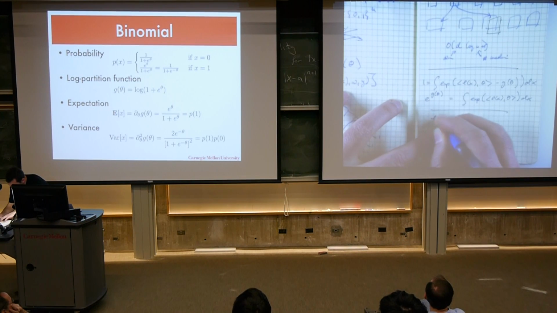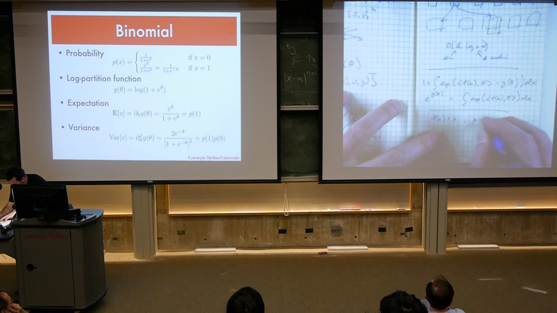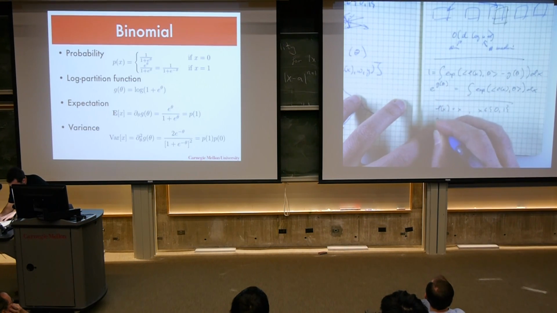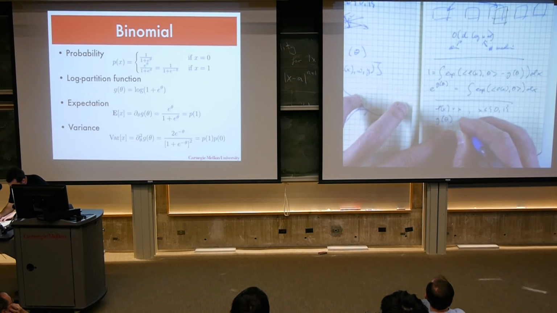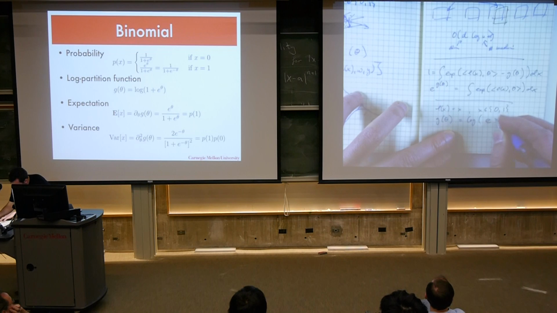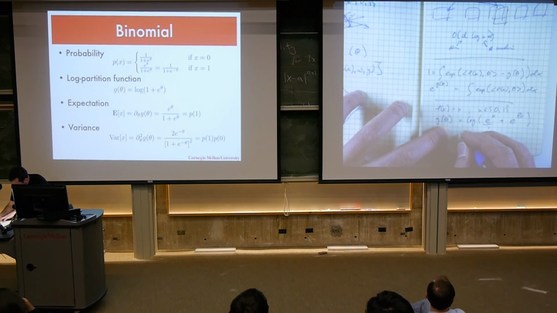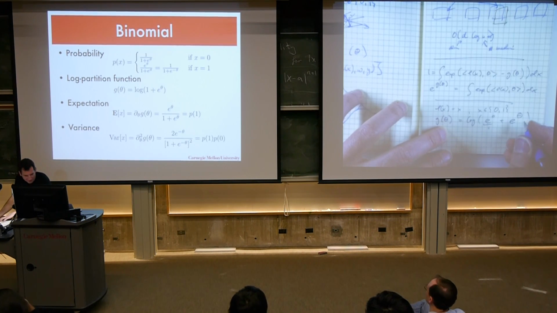If phi of x equals x, and furthermore x is in the set 0 and 1, then g of theta is the log of e to the 0 times theta, so e to the 0, which is 1, plus e to the theta. So it's log of 1 plus e to the theta.